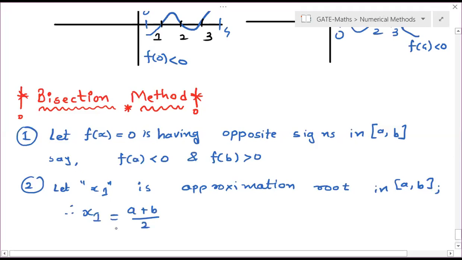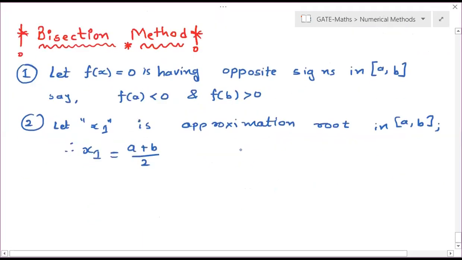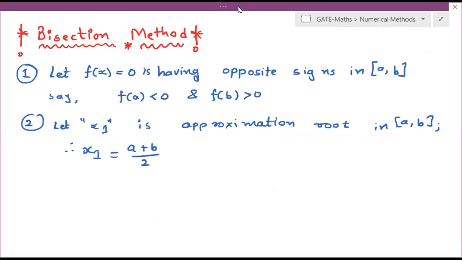Your first approximation is its bisection, right? This is the meaning of bisection: you are going to bisect this interval. So x1 is a plus b by 2. Now based on this x1, if you want to find x2, you have three different possibilities. Let me show you those possibilities.